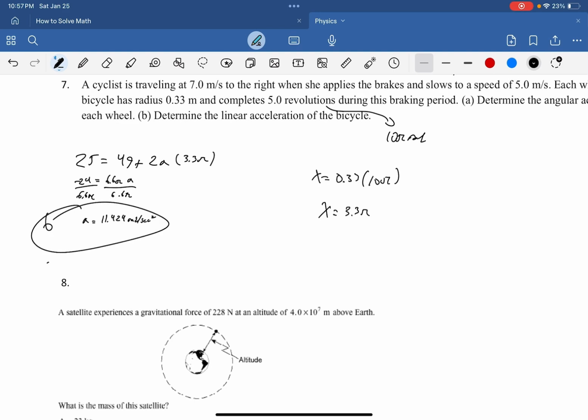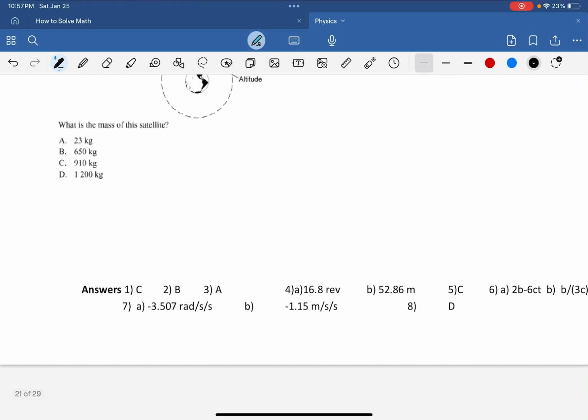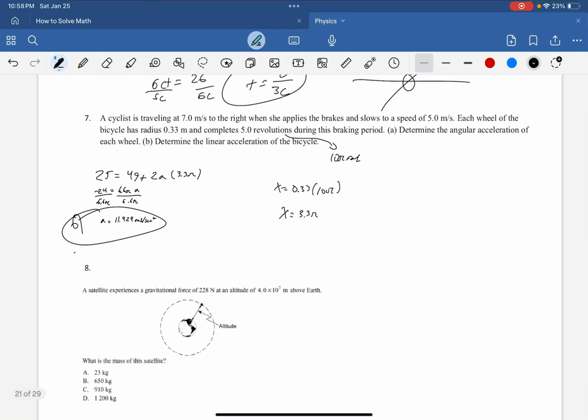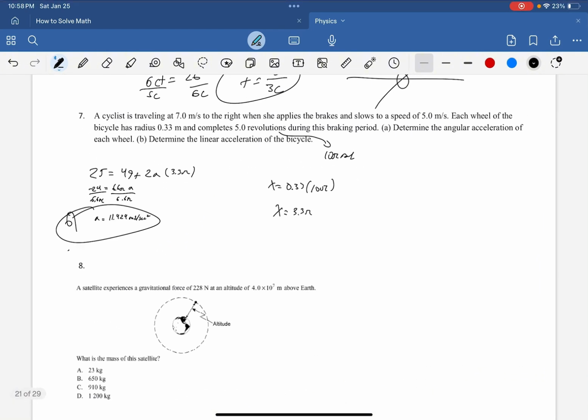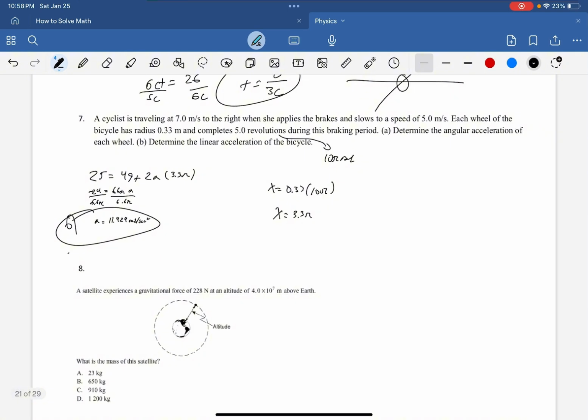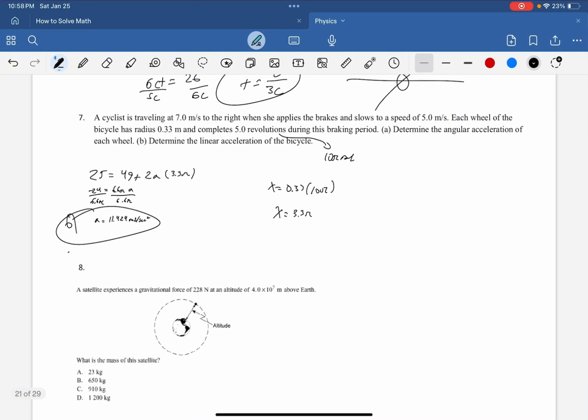I'm actually not sure if this is the answer because the answer is in here. Wait, it is. Hold up. Never mind. I messed up really badly somewhere. Where did I mess up?